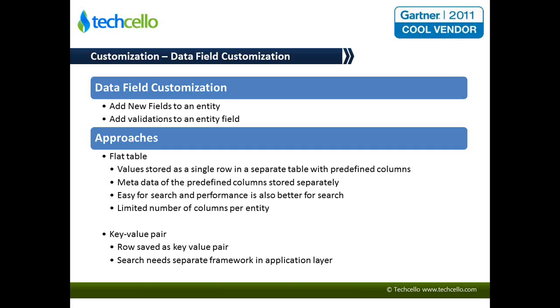The next common requirement is to have different kinds of data capture for each customer, right? So when you develop with certain basic fields in mind for an entity, let's take an entity called employee.